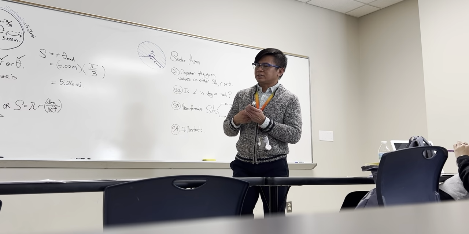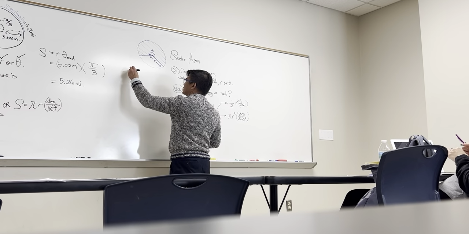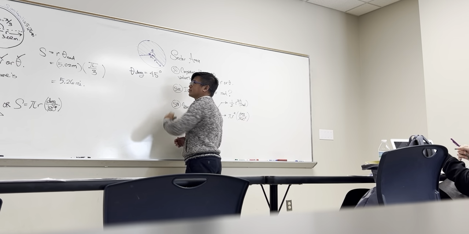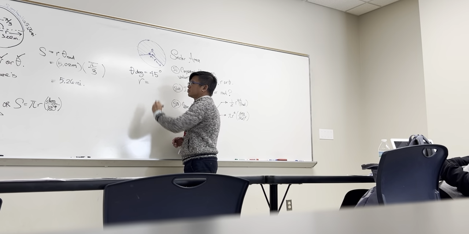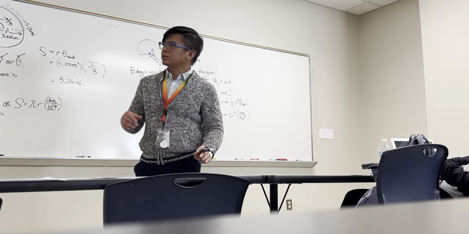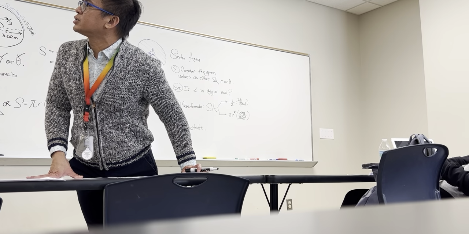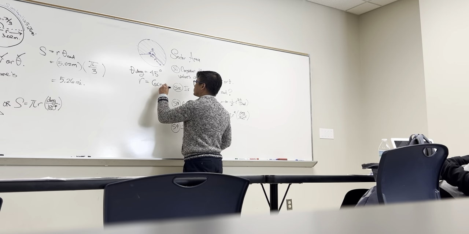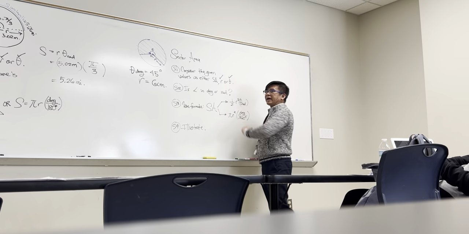What's the theta in degrees? 45 degrees. What's the radius? 6 centimeters. Is it 6 or 16? 6 centimeters, thank you. So check, we got the radius, check, we got the angle.